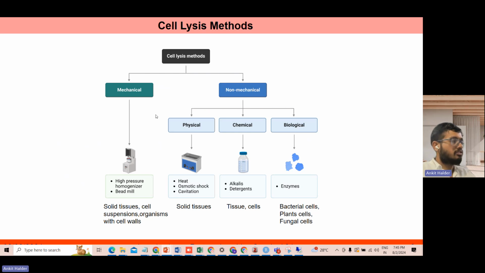So when do the mechanical forces, like the high pressure homogenizer or the bead mill, need to be used? They need to be used for solid tissues, cell suspensions, and organisms with cell walls.